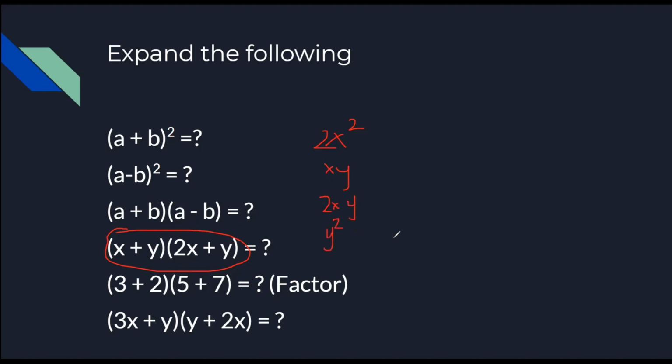Okay, so what's the final factorization? I mean expansion. Matthew? It's 2x squared plus xy plus 2xy. Okay, but combine the like terms. When I say the final expansion, I want you to simplify it, okay?